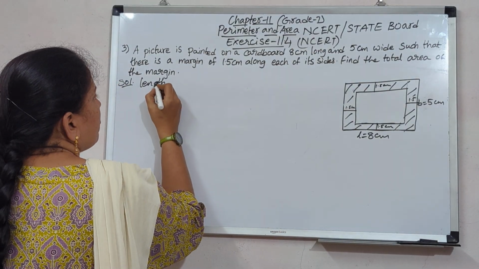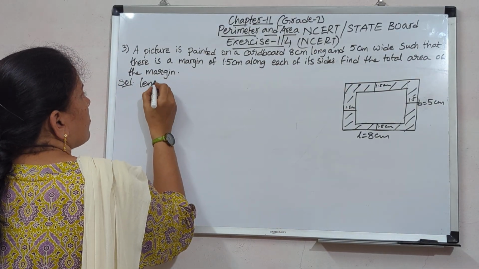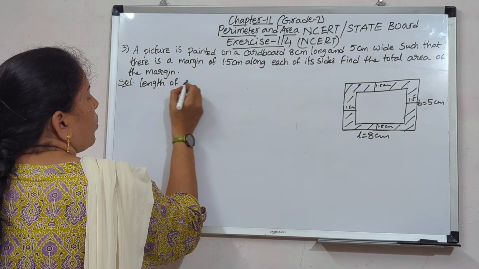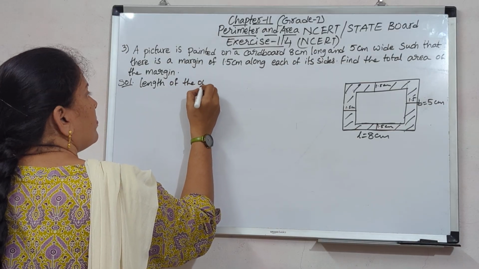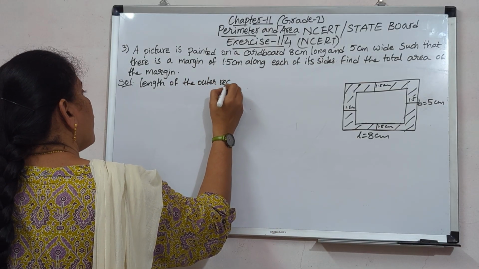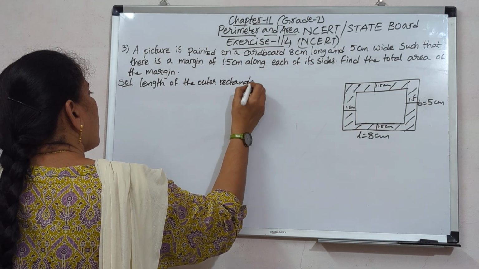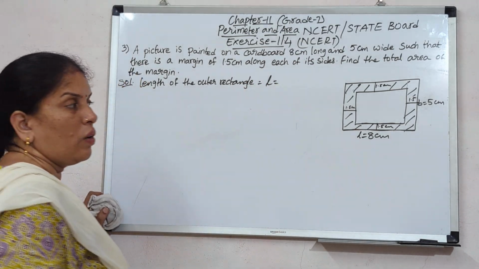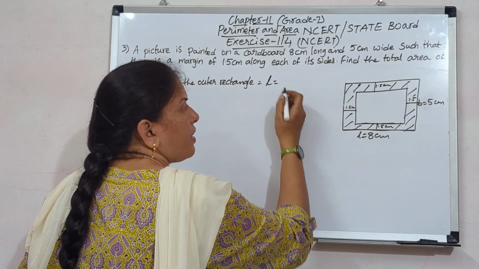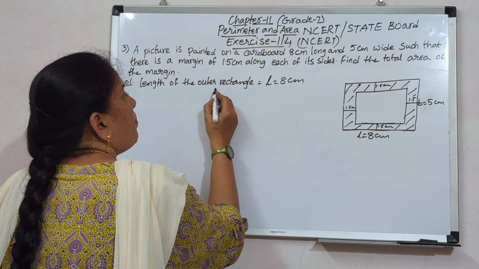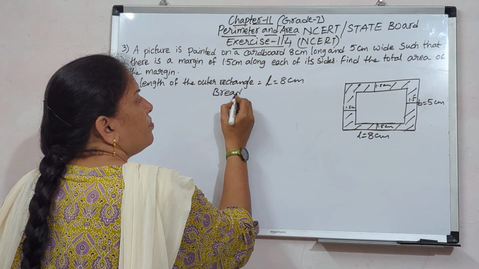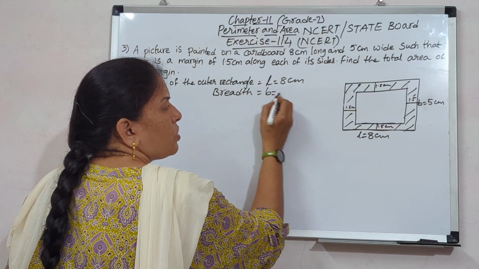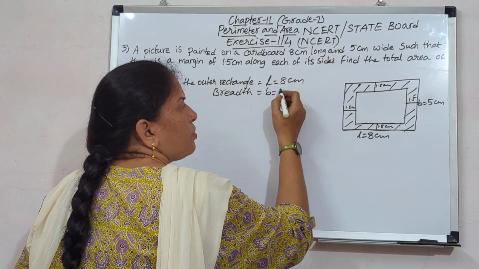Length of the outer rectangle is L equals 8 centimeters. Breadth, B equals 5 centimeters.